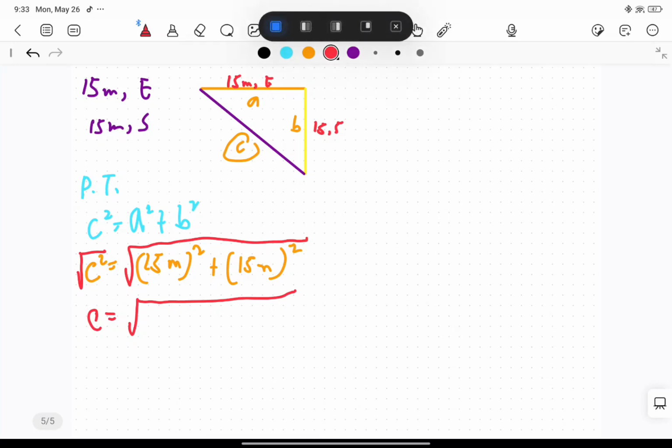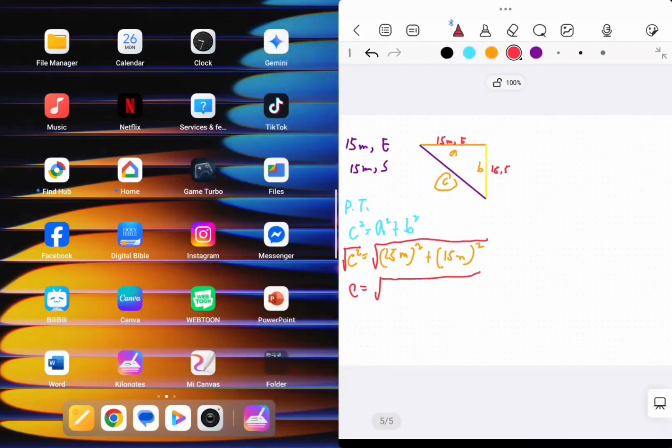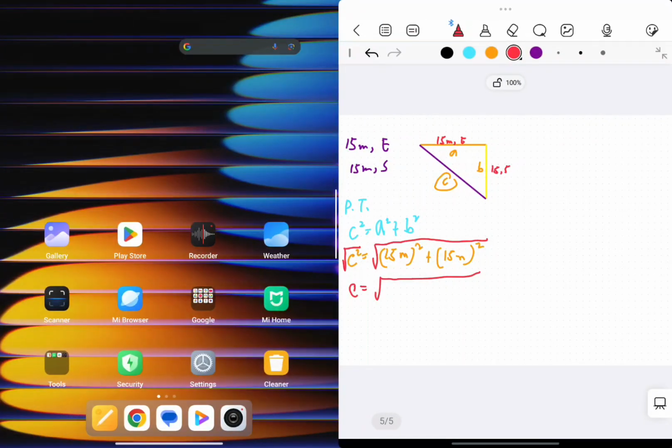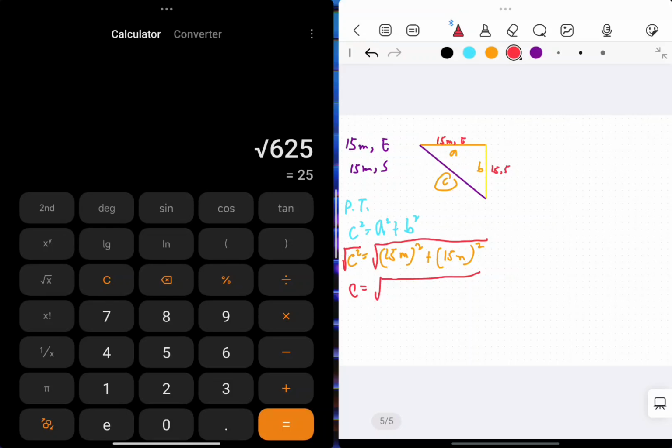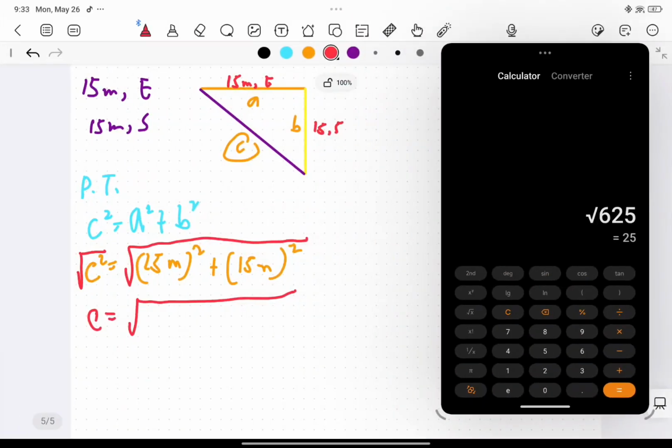In order to do that, we will be using our calculator. Okay, let me just open my calculator. Here we go. Okay, so we have 15 squared is 225.